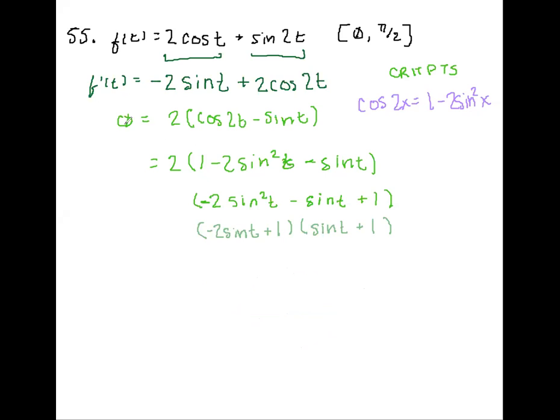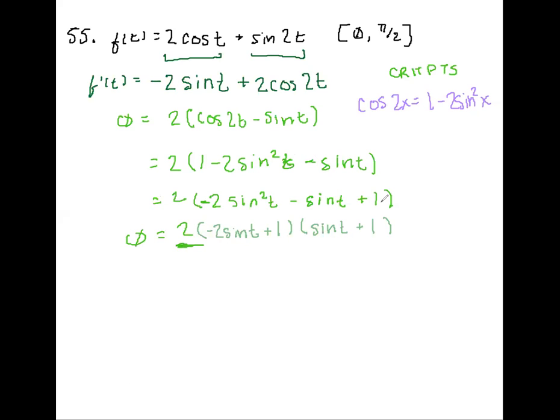We said that 0 was going to have to be equal to 2 times the quantity cos 2t minus sine t. Then we turn cos 2t into 1 minus 2 sine squared t. Then we use the idea of this being a quadratic essentially, to end up with minus 2 sine t plus 1 times sine t plus 1. And so this still has to be equal to 0. So 2 is not going to equal 0.